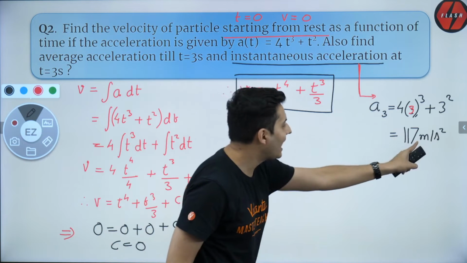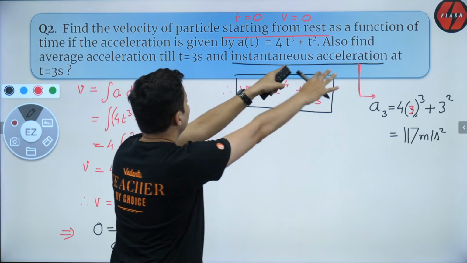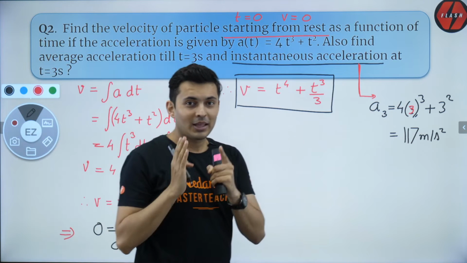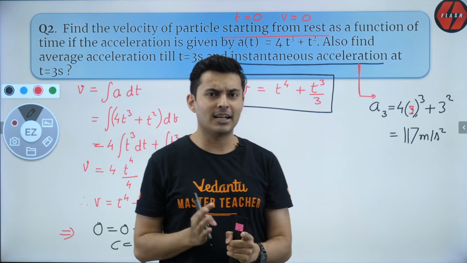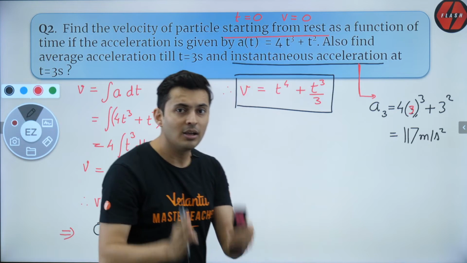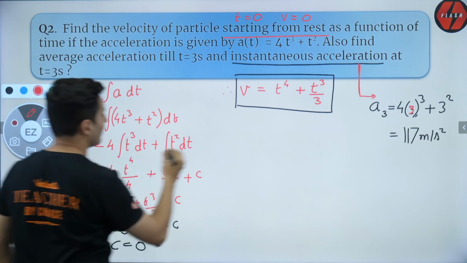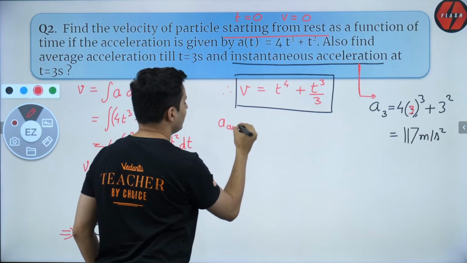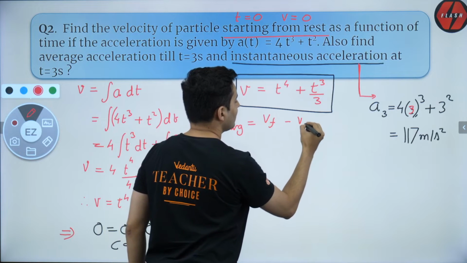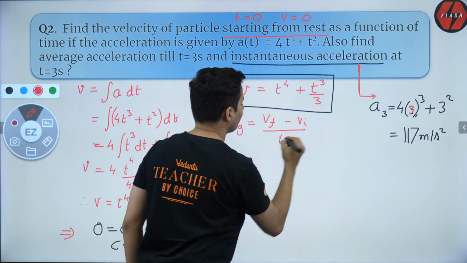Now, once you have got the acceleration at 3 seconds, that job is also done. The only thing is average acceleration. Now, you might think, oh, how do I find the average acceleration? Guys, go by the basics, go by the definition. What was the definition of average acceleration? The average acceleration is nothing but final velocity minus initial velocity divided by the time.